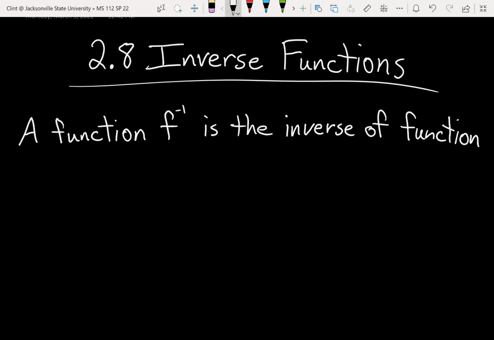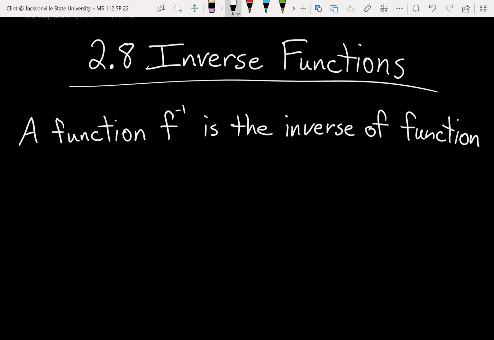And so the way we write down the inverse function is it looks like it's to the -1 power. Okay. That's a little bit unfortunate because that can be a little confusing sometimes. You just have to remember if we're talking about functions, then when you see that -1 up there, it means inverse.